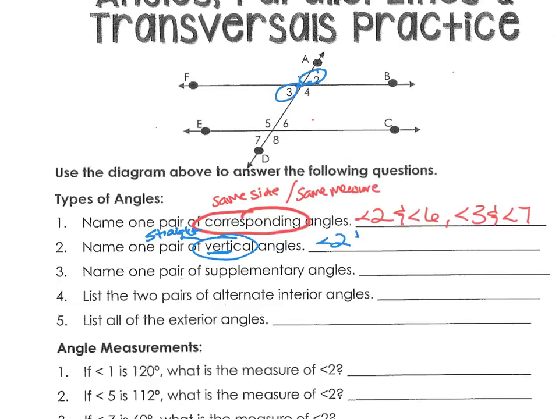So angle 2 and angle 3. So they would also have the same measurement. They're kind of staring at each other. Same thing with angle 5 and angle 8. And I'm not giving all of the examples, I'm just writing down a couple, but 5 and 8, 6 and 7, 1 and 4, those would all work.